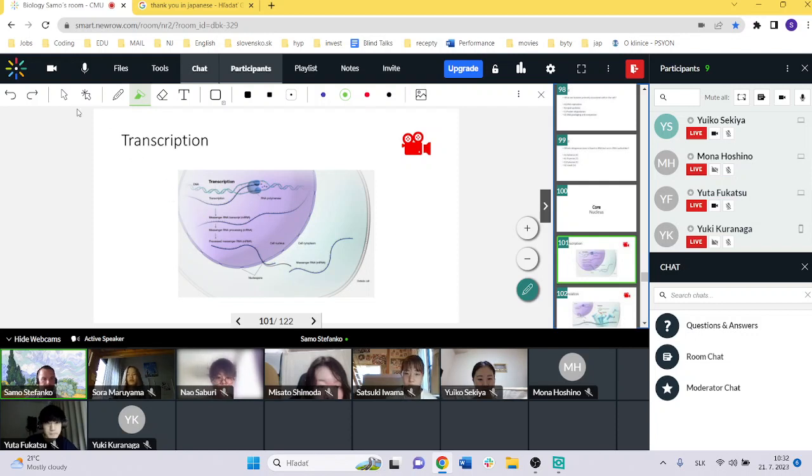If you zoom in a little bit, it will be obvious that here we have DNA and here we have RNA polymerase, which is the enzyme responsible for synthesizing mRNA based on DNA.